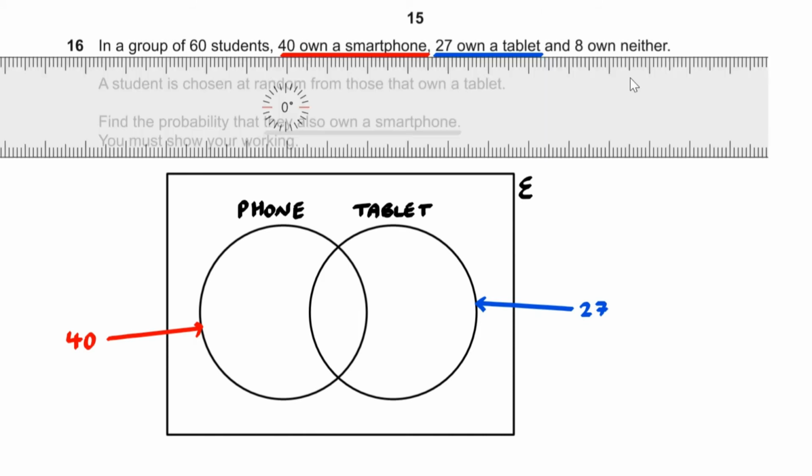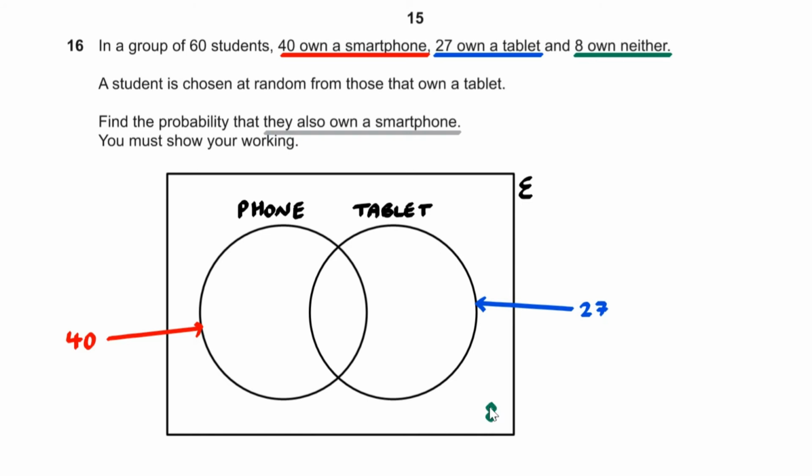And then we've got 8 who own neither. And if I let this intersection equal x, which is what we're finding, then we've got those who own a phone equaling 40 subtract x, those who own a tablet equaling 27 subtract x, and the total is equal to 60. We've got 60 students altogether.